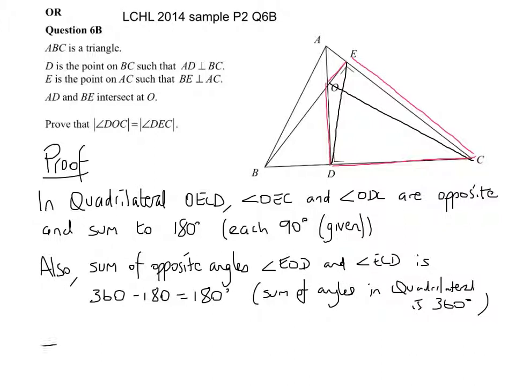And as a result of these two facts, because both pairs of opposite angles sum to 180 degrees, my quadrilateral OECD is a cyclic quadrilateral, meaning all four vertices O, E, C and D are on the circumference of a single circle.